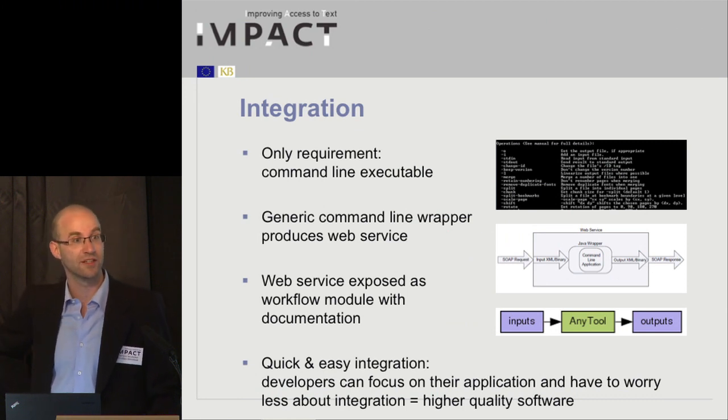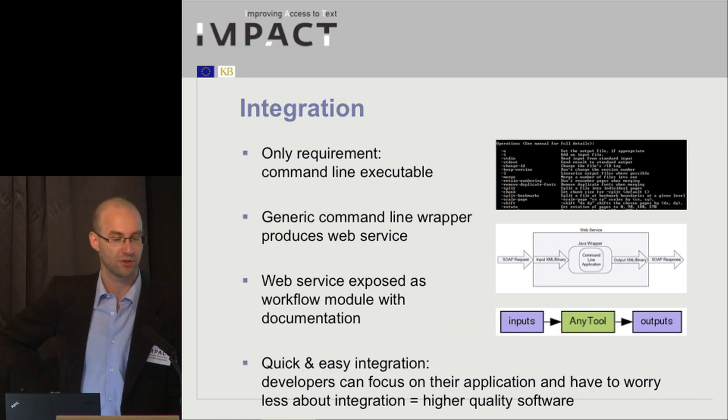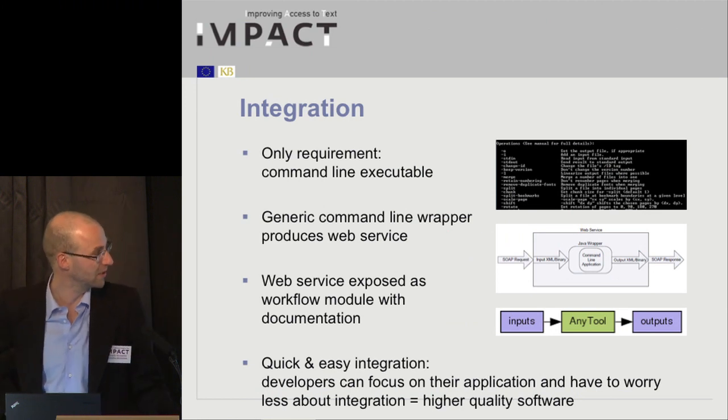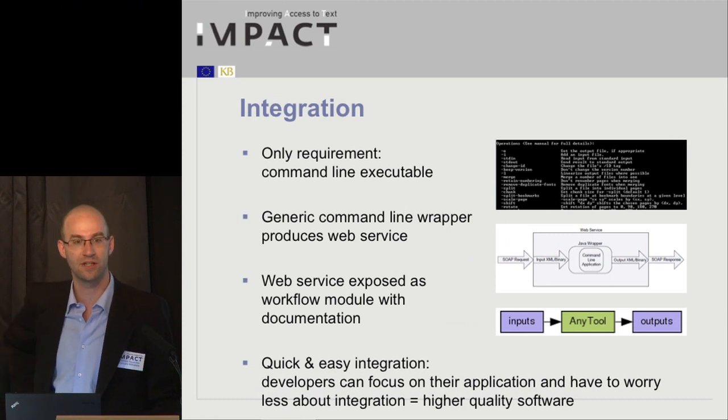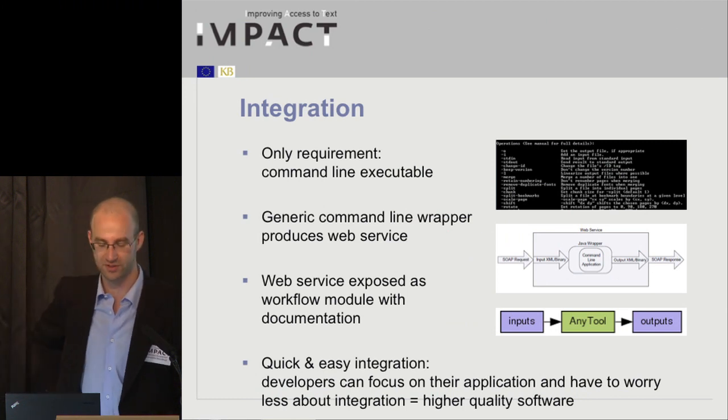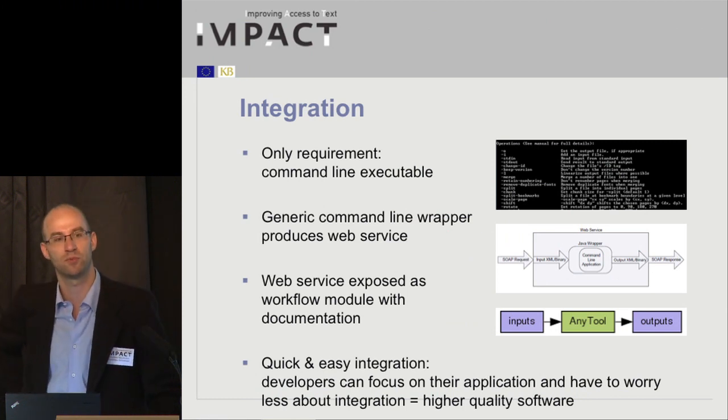But we also added another layer on top, which is called a workflow layer. And that's basically what you see on the lower right, and it's just a different representation of a tool with documented inputs and outputs. And you will see in a minute what benefit we have from that.